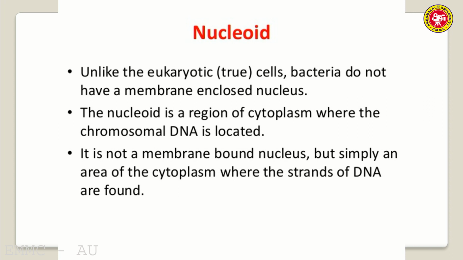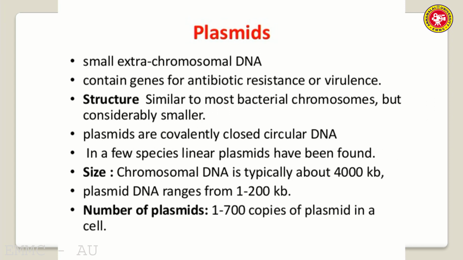It is mostly located in the center of the bacterial cytoplasm. It is not a membrane-bound nucleus like in eukaryotes. The bacterial cytoplasm does not have any nuclear membrane, so it is called a nucleoid, the DNA genetic material.